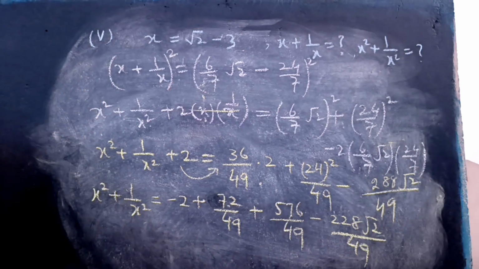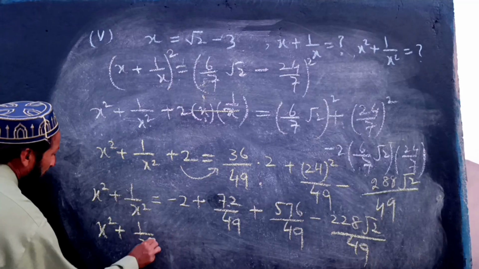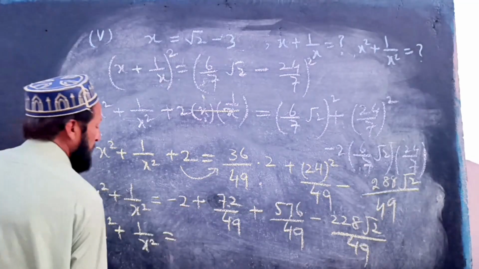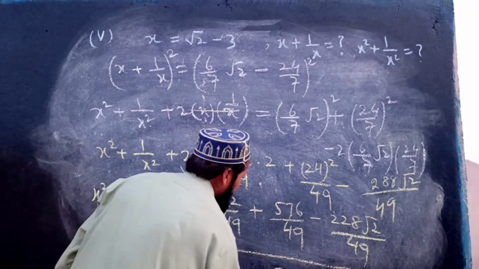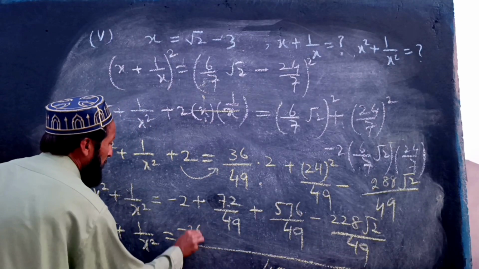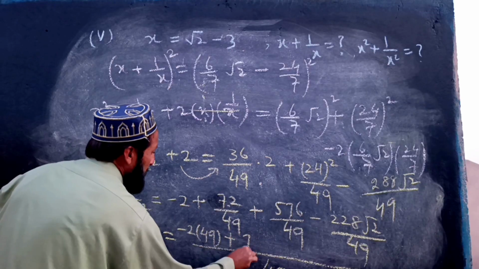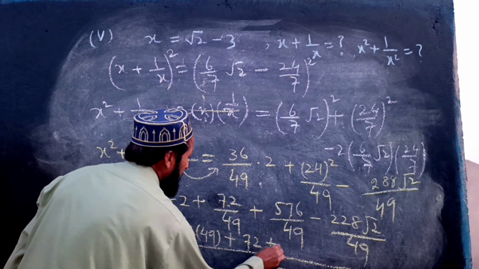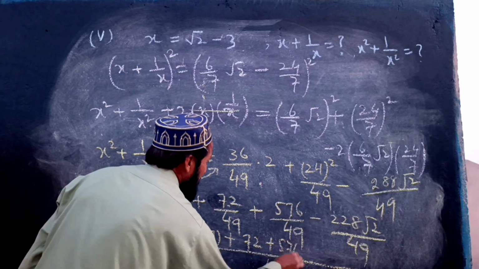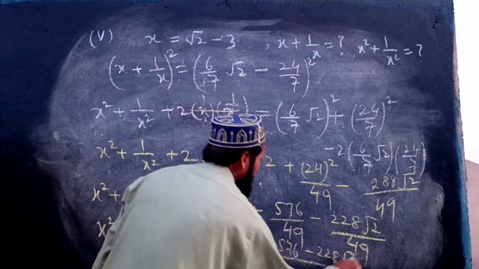If we take the LCM of this question, x square plus 1 over x square, so this will be equal to 49 is their LCM. So this will be minus 2 into 49 plus 72 plus 576 minus 228 under the root 2.